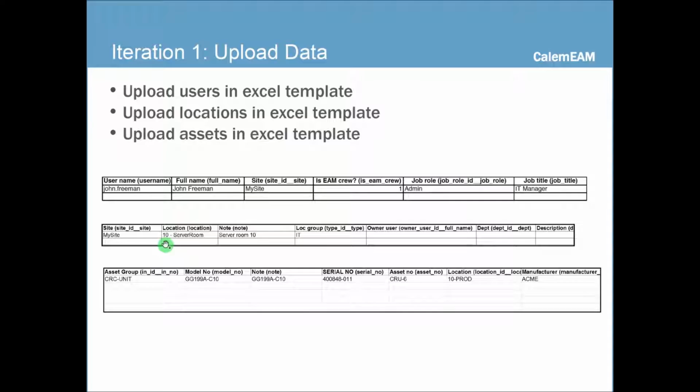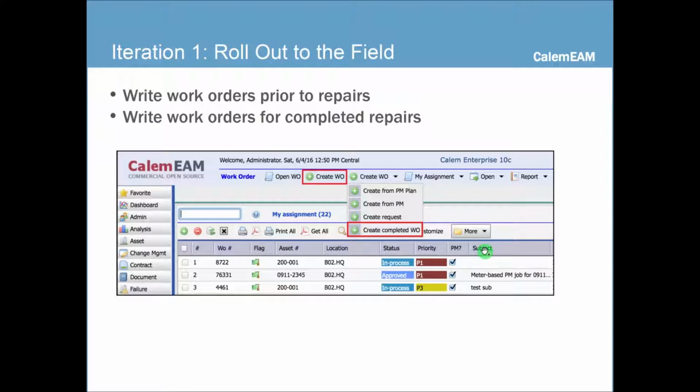For locations, you can set up a site, the location name, the location group, and owner, user, and department. For assets, you can fill out the asset group, the model number, the information about the node, and the serial number if available, asset number, and location, plus manufacturer.